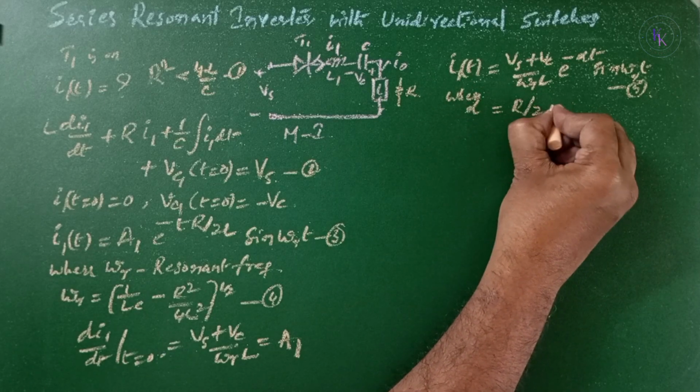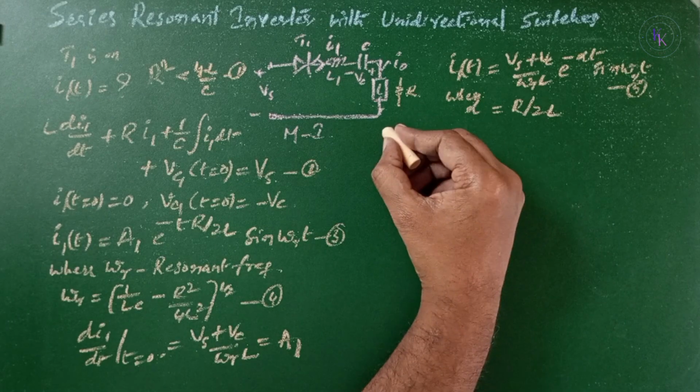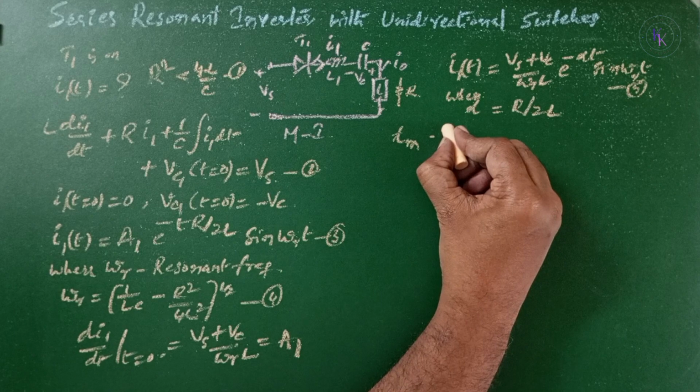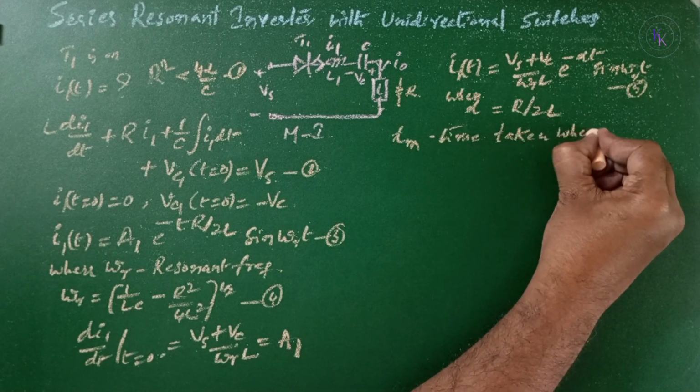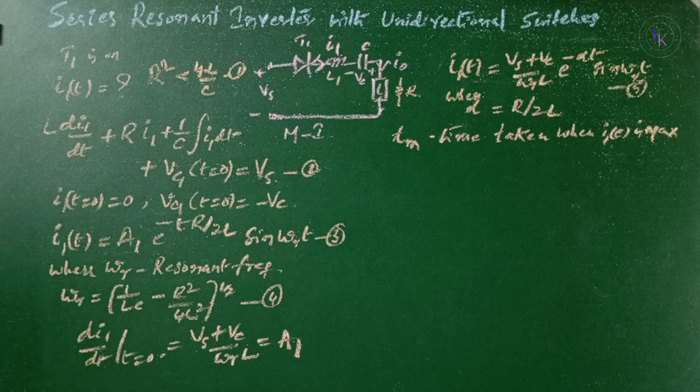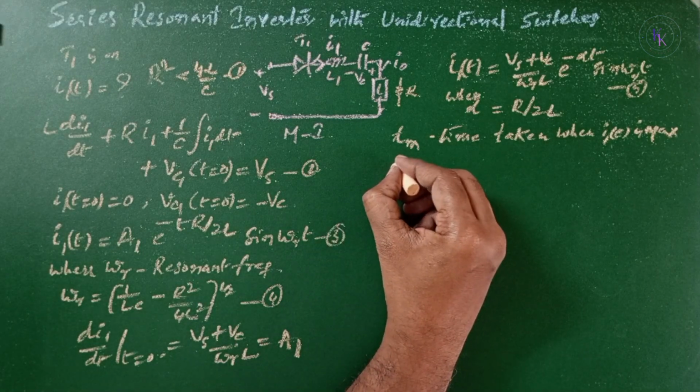R by 2L. Now we need to find the equation for Tm, which is the time taken when i1(t) is maximum. From the waveform, you can say that this is half of T1.